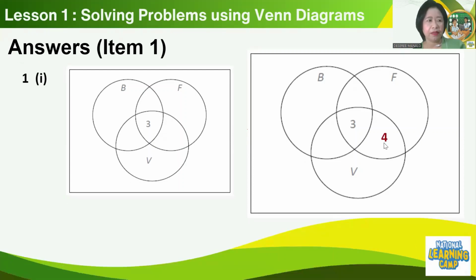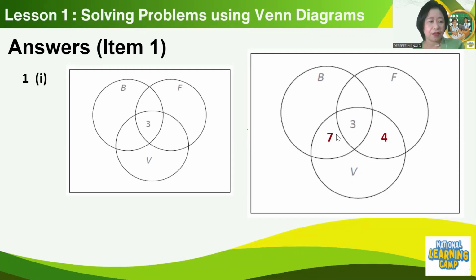Another thing, 7 play volleyball and basketball only. So look for the intersection of volleyball and basketball only. So you will put the elements here. So it is said 7. So we will write 7 here.